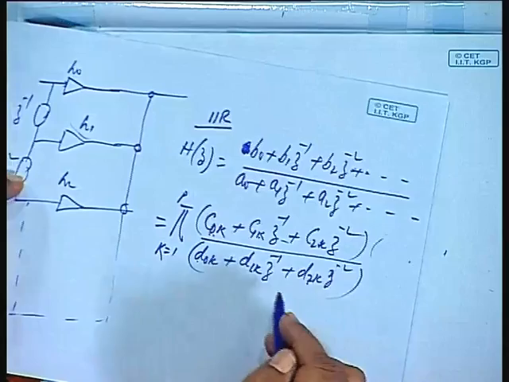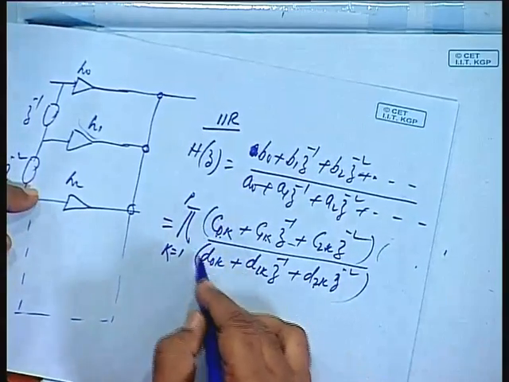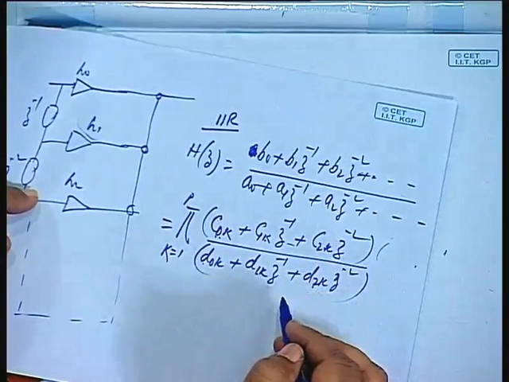So, quite often it is these biquad forms which are used for computer-aided design of an IIR filter.